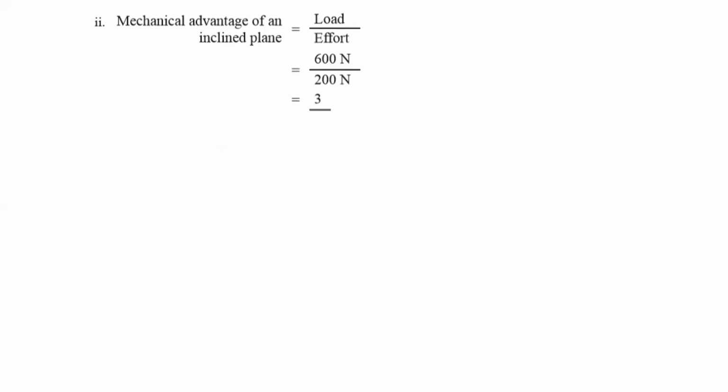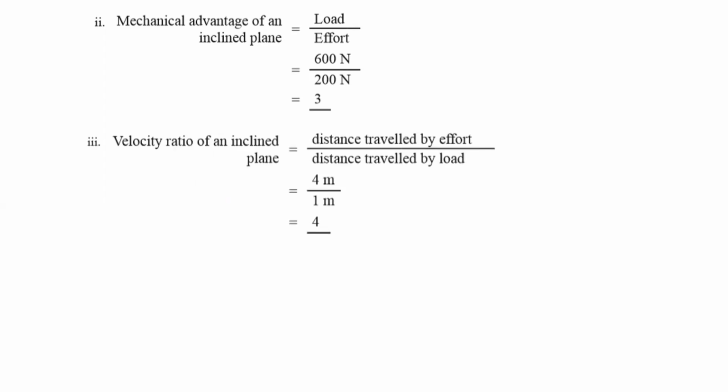Then you can find the mechanical advantage. It is equal to load over effort, 600 newtons over 200 newtons. The answer is 3. Part 2, velocity ratio of an inclined plane equals distance traveled by the effort over distance traveled by the load. So it is 4 meters over 1 meter, that is 4.